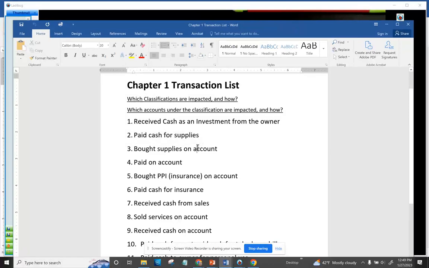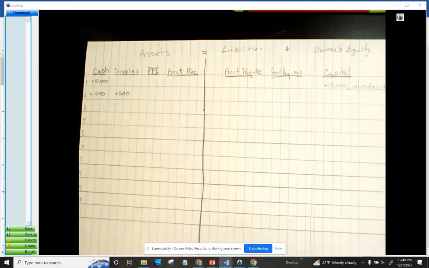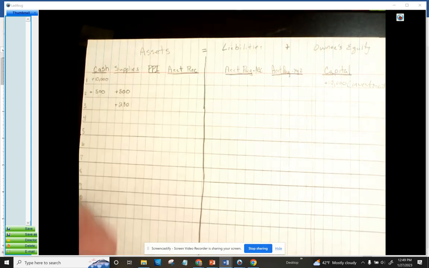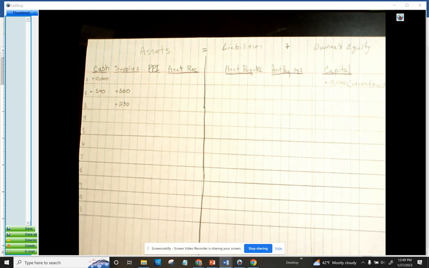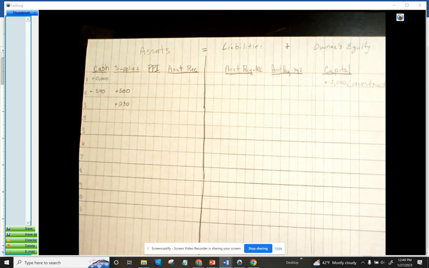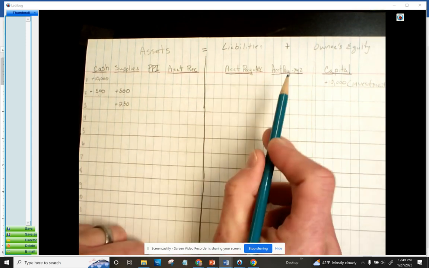Okay, transaction 3, bought supplies on account. If we bought supplies on account, we know we bought supplies, so supplies is going to go up. Let's just say we bought $250 in supplies. We bought it on account, which means we did not pay cash yet. We're going to pay cash later. That's what buying on account means. So we have a liability over here.